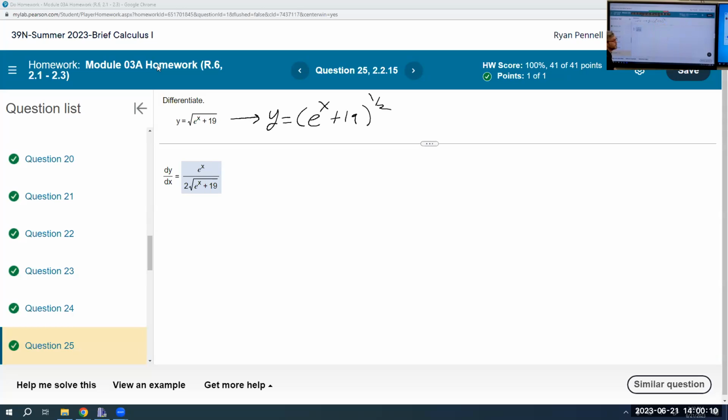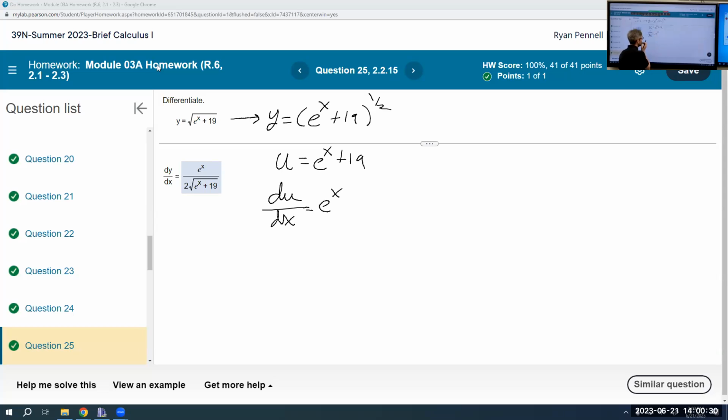And it looks like I'm going to have to use chain rule again. So I'm going to let u equal e to the x plus 19. And if that's the case, du dx equals just e to the x.